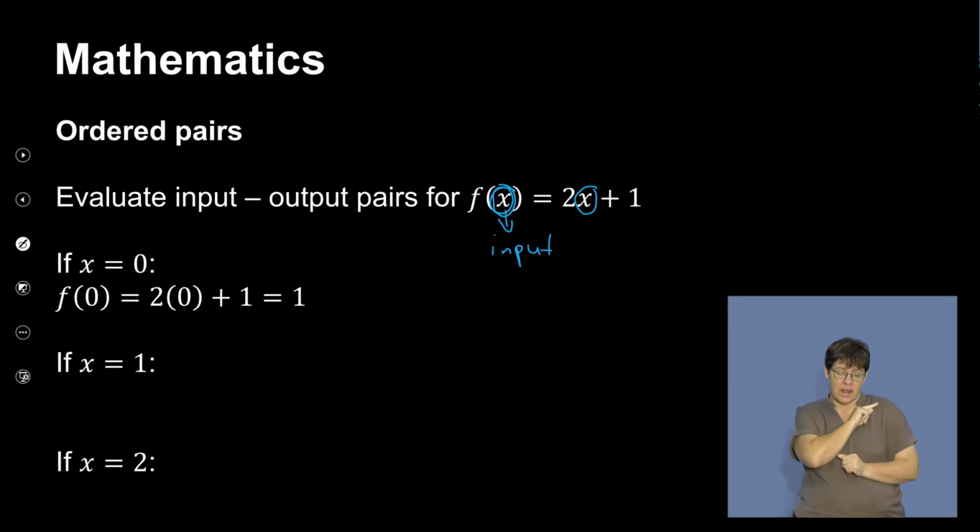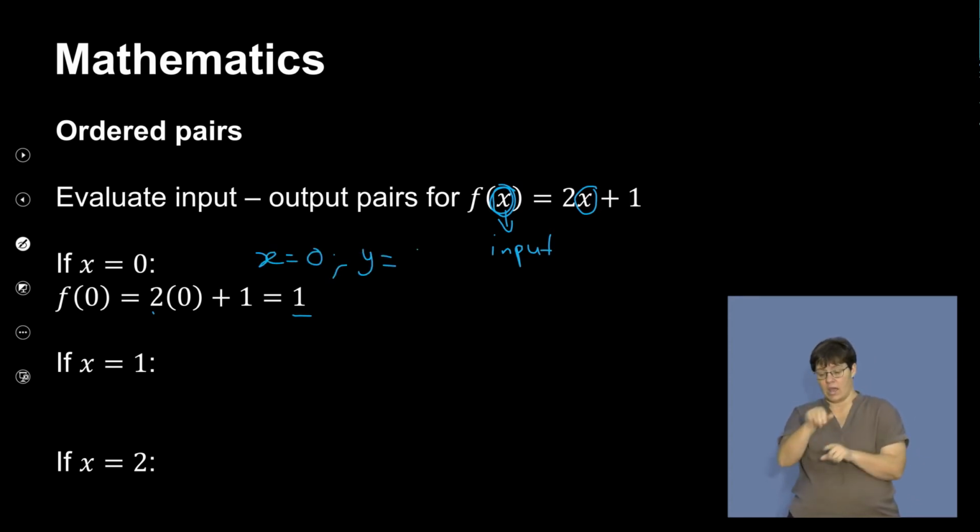So that's why I write it as f of 0, not just f of x, because I'm removing the x and substituting it by what I know x as. Then 2 multiplied by 0, we know is 0, plus 1, it will give me 1. So it means here, if x is 0, my y is equal to 1.